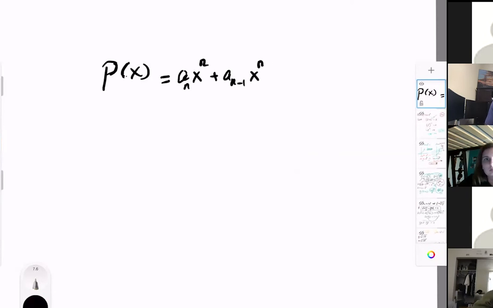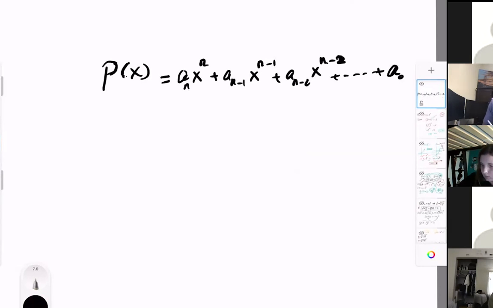But mostly the polynomial p of x will be like a x to the power n plus a sub n minus 1, x to the n minus 1, and so on, down to a sub 0. It looks ugly.